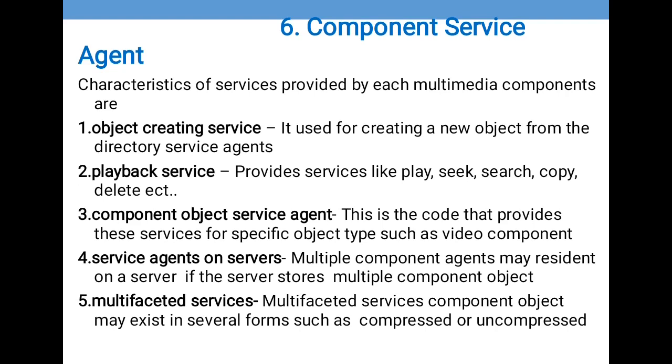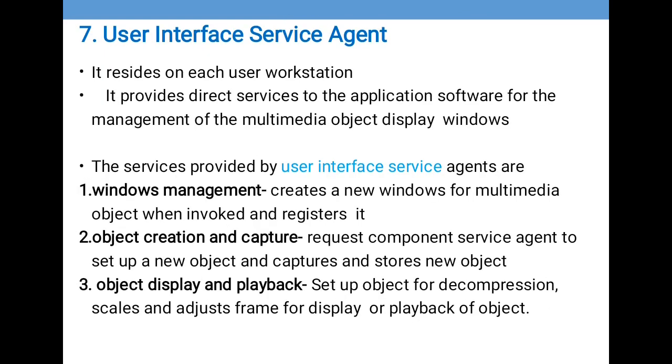Next one is playback service, which provides services like play, seek, search, copy and delete, etc. The third one is component object service agent, which provides the service for a specific object type such as video component, and service agent on server, where multiple component agents may reside on the server if the server stores multiple component objects. And multi-facet service, where it exists in several forms such as compressed or uncompressed format.